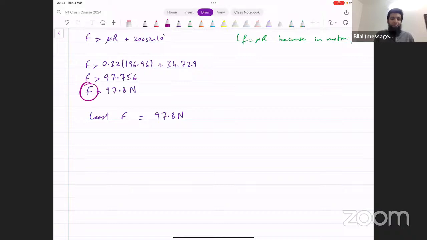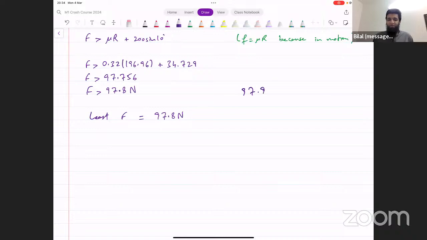So if it has to be greater than 97.8, what can this value be? It can be 97.800000000, and then infinitely many zeros, and then maybe a 1 at the end. Even slightly more than this is going to make the object move. When you round that off, it still turns out to be 97.8. Okay, so you can't write it as 97.9.